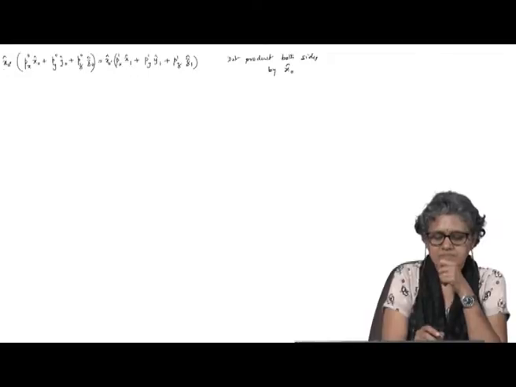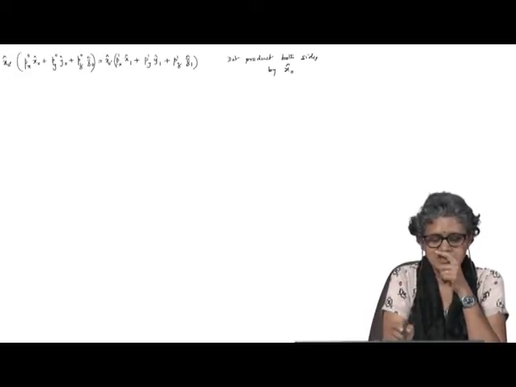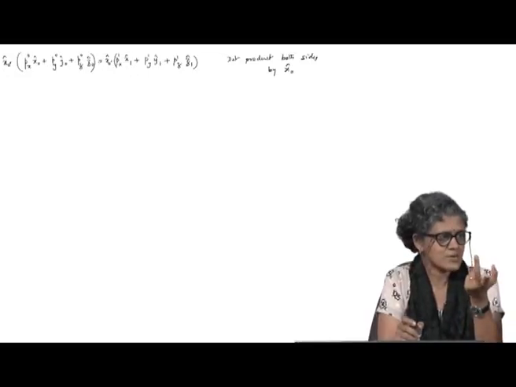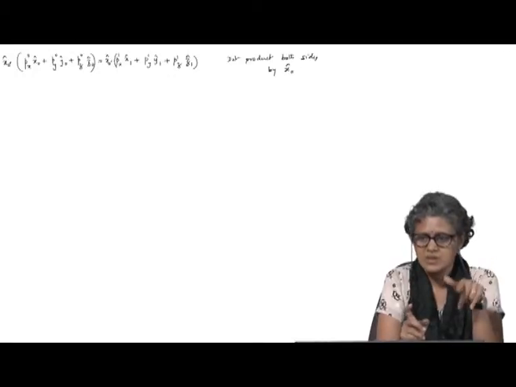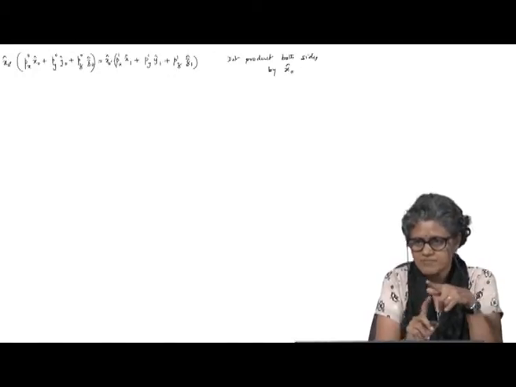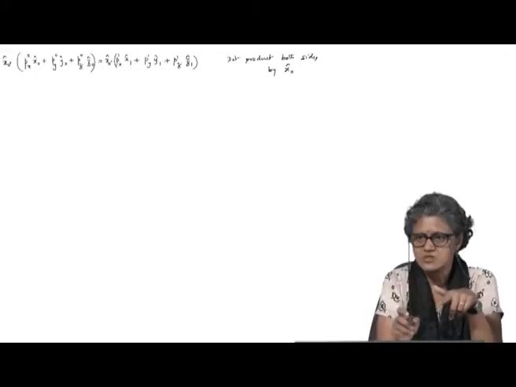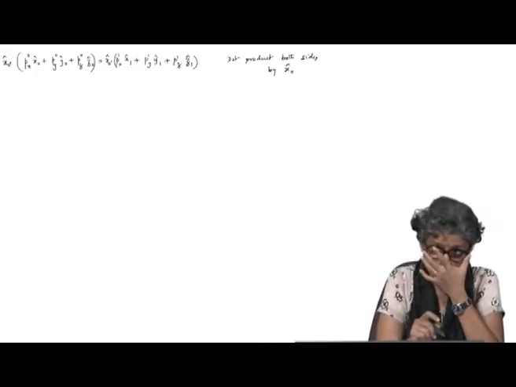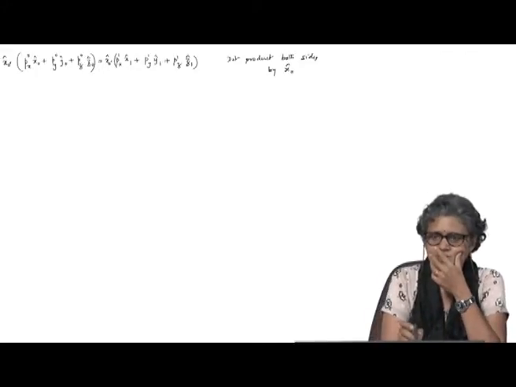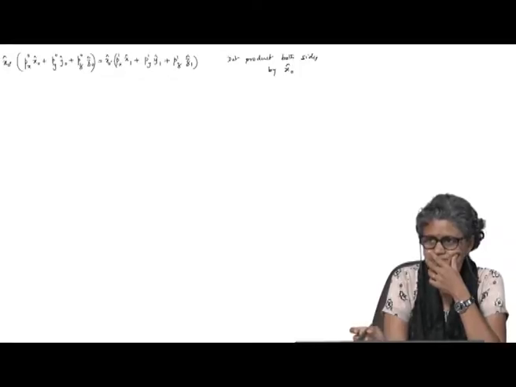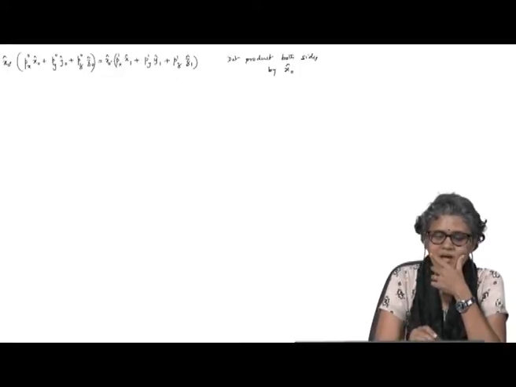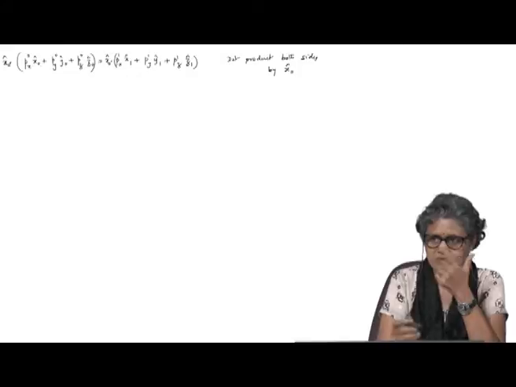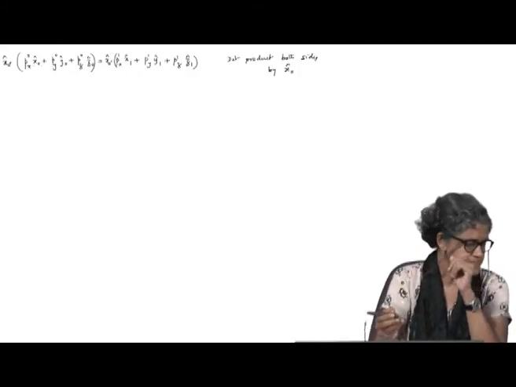These two are Cartesian coordinate systems, so the vectors are orthogonal. In a particular system x0, y0, z0 are orthogonal to each other. So, their dot products will be 0, right, and x0 dot x0 will just be 1.